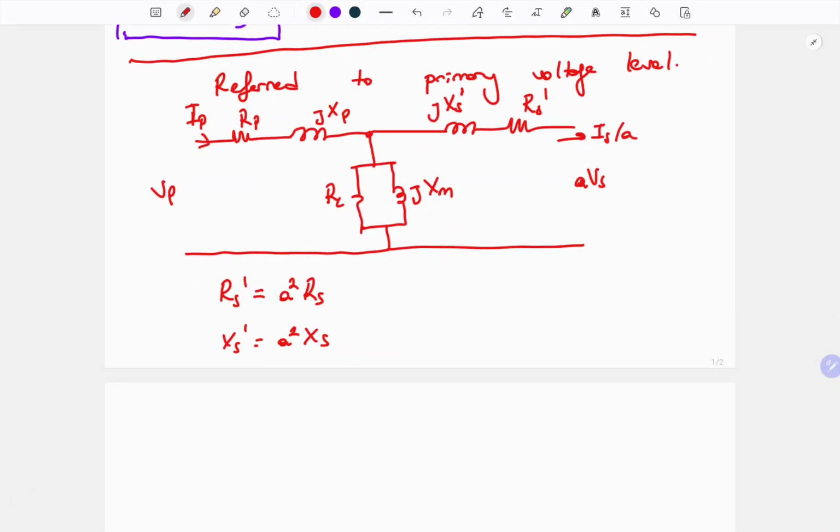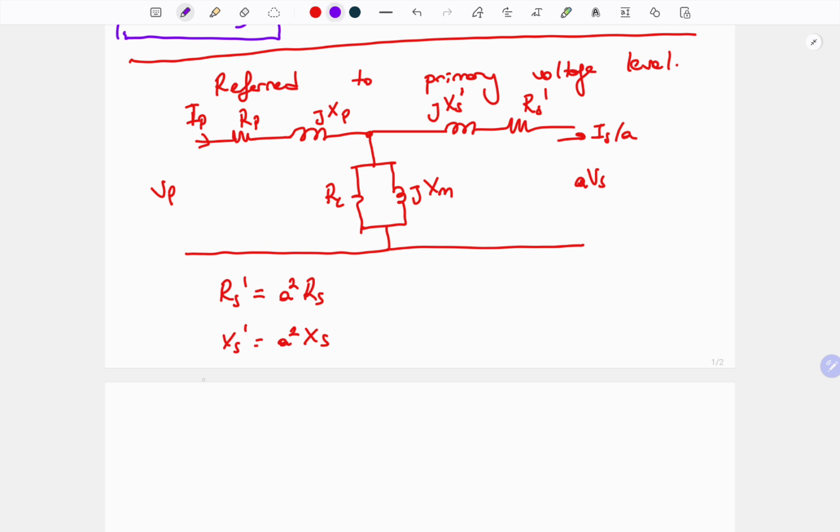Okay, so this is the first version, referred to primary voltage level, and we can repeat the study for the secondary voltage level, and it will be more important for the calculations because we are connecting the load to the secondary voltage level in practical cases. So secondary voltage level examinations are more important for the real side.